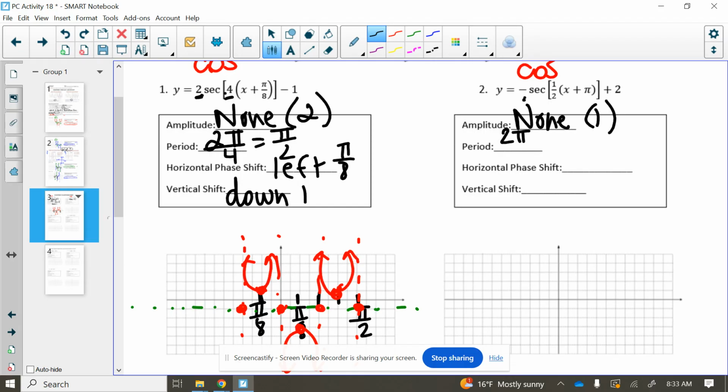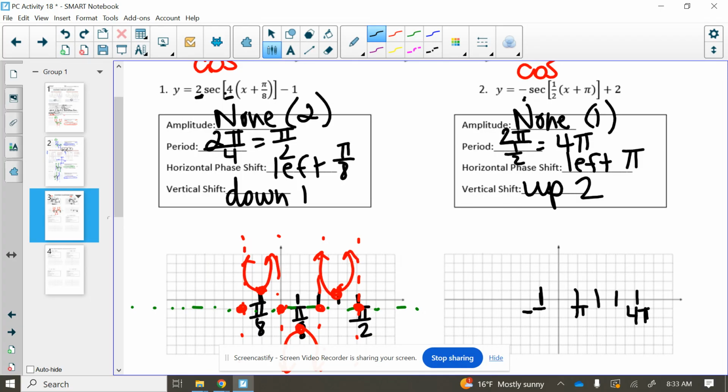Period, this time we would take 2 pi divided by 1/2, that's 4 pi. Phase shift this time, we are going left pi units, vertical shift up 2. So our scale this time, we have to repeat by 4 pi, so each of these is going up by pi to the right or the left.